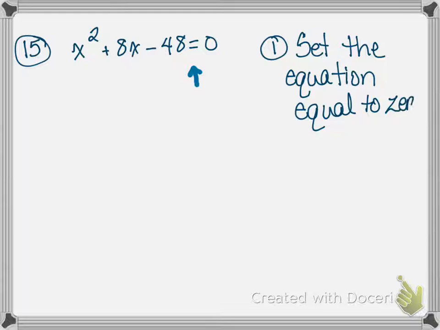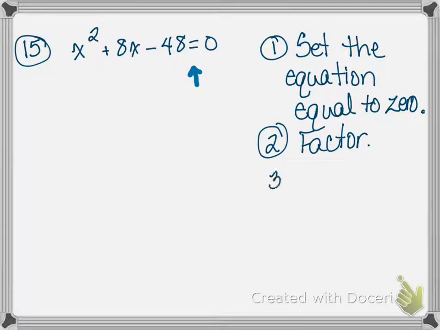So you have to know that the first thing that we do is we set the equation equal to 0. The second thing that we do is we factor. Sometimes there's 2 factors, sometimes there's 3 factors. I don't think we'll be looking at 4 factors, but that's possible. So you are going to factor the left side of the equation.